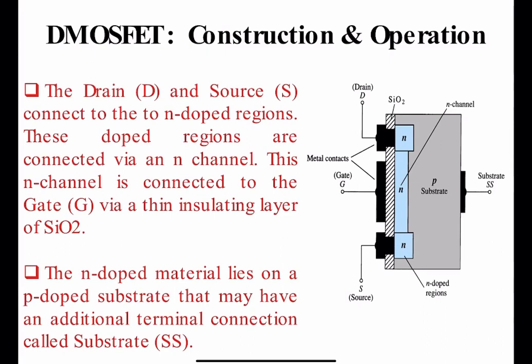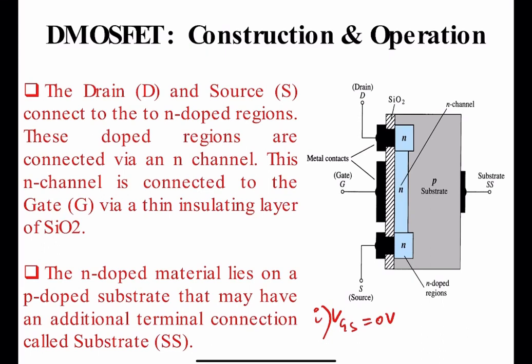Now for the operation of this depletion mode MOSFET, we will consider three cases. First is VGS equal to 0. Second is VGS less than 0. Third is VGS greater than 0. First, when VGS is 0 volt, it means no voltage is applied between the gate and source terminal.